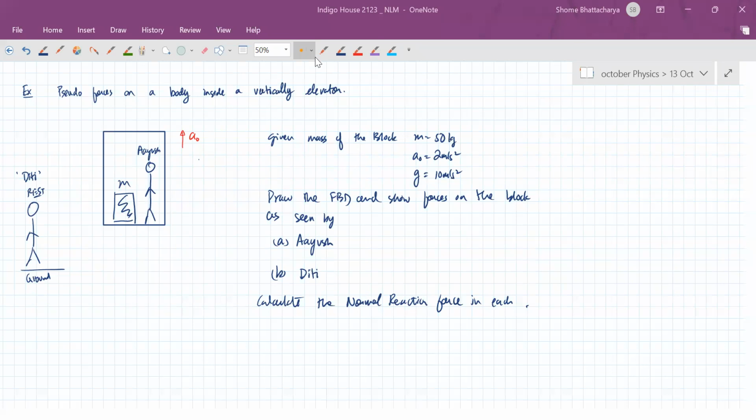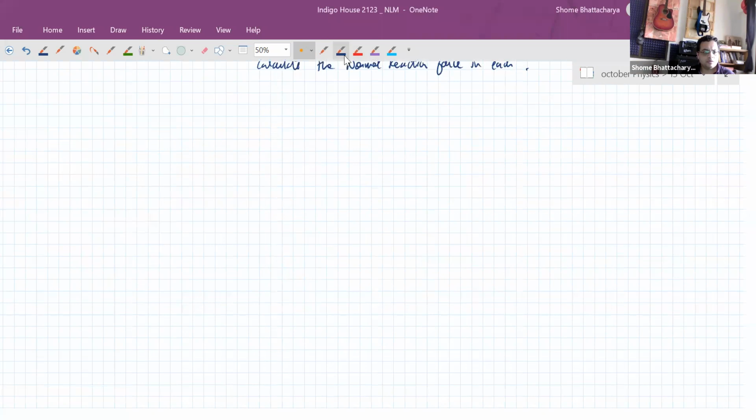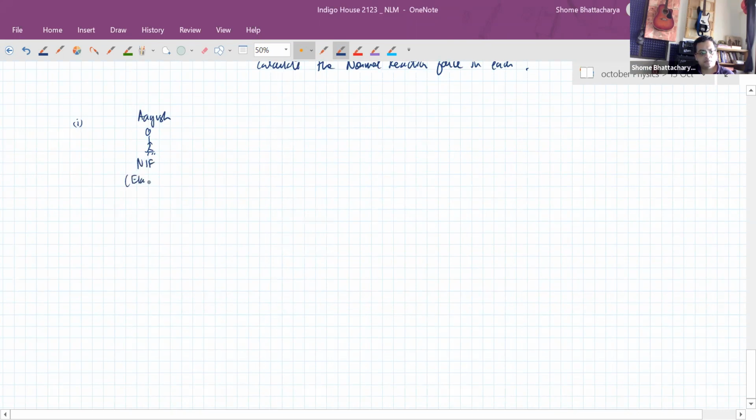Okay, very good. That's correct, Siddharth. Let's look at each of these parts in detail now. When we look at it from the point of view of Ayush, who is the non-inertial frame inside the elevator, that frame itself is going up with an acceleration a0.